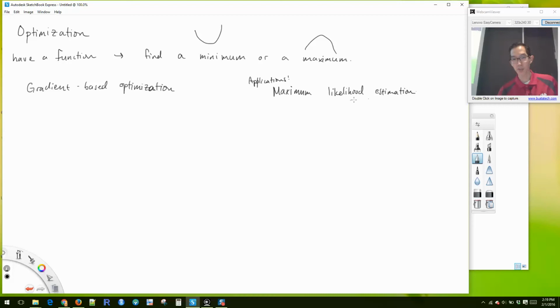You have a likelihood function and you're trying to maximize it, so that's an optimization. You have a likelihood function, and then you find the parameters that maximize it.